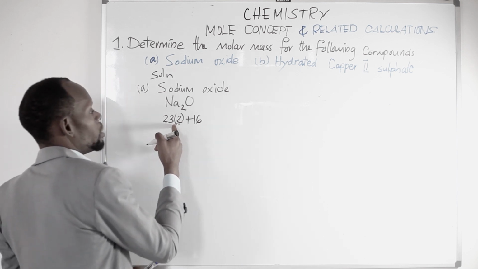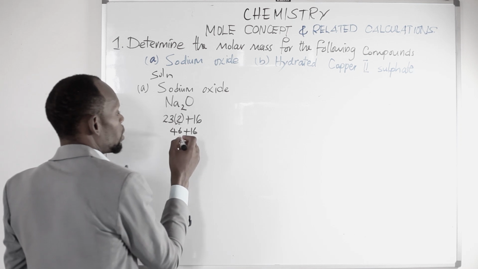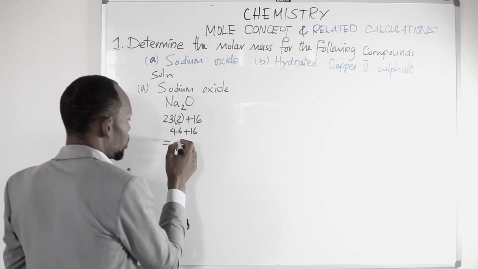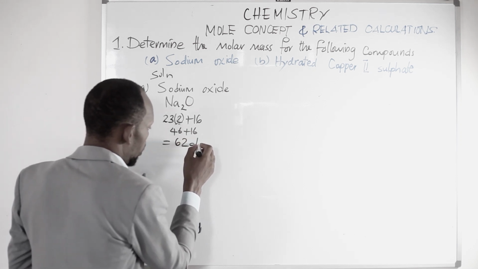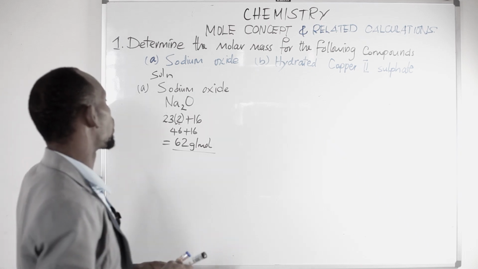So this will be 23 times 2, which is 46, plus 16. Therefore, this one will be 62 gram per mole. The SI unit for molar mass is gram per mole.